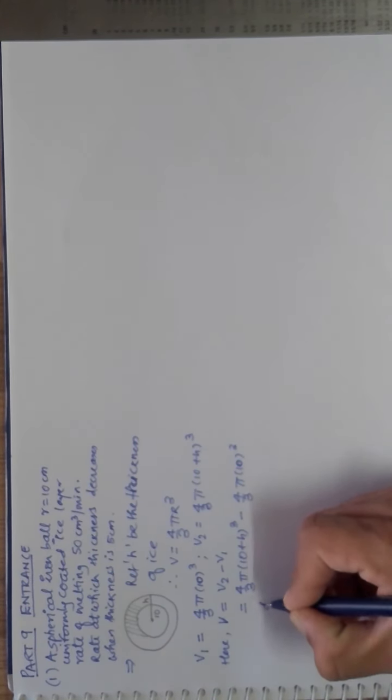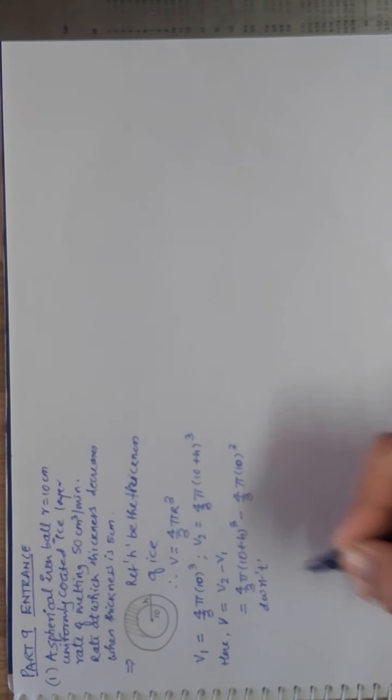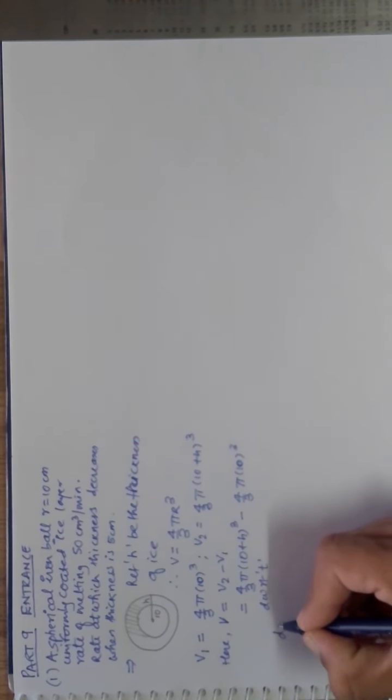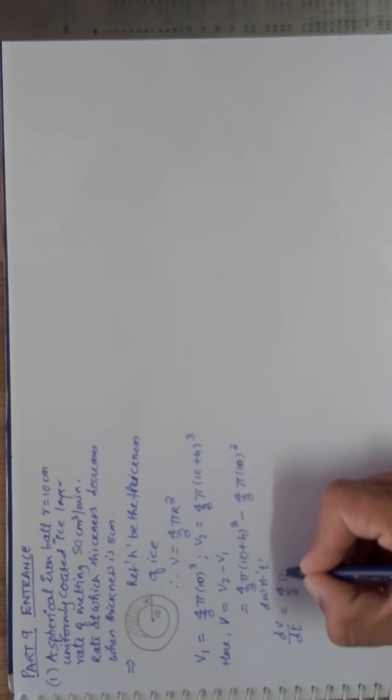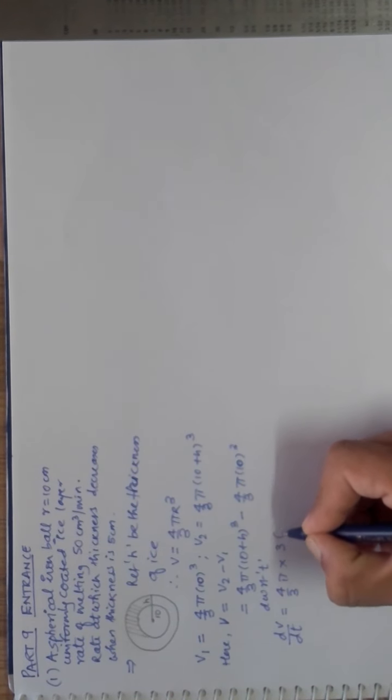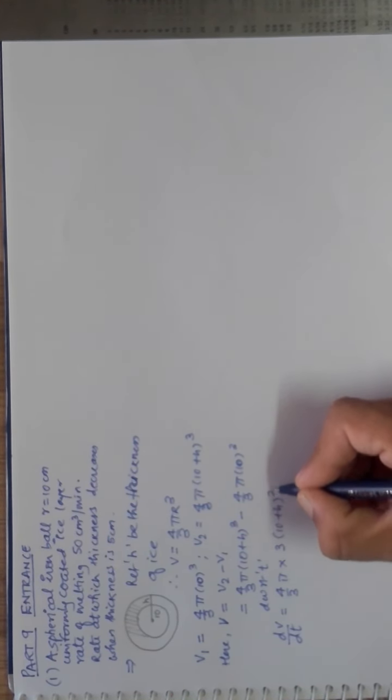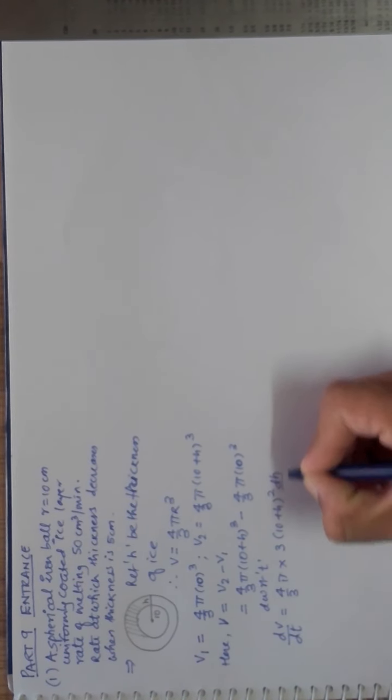So when I differentiate with respect to t, you get dV by dt is 4 by 3 pi into, this 3 comes here, (10 plus h) the whole square into d by dt of 10 plus h, whereas 10 is a constant so it becomes 0, and h becomes dh by dt. Then d by dt of 4 by 3 pi 10 cube is a constant, so it is going to become 0.